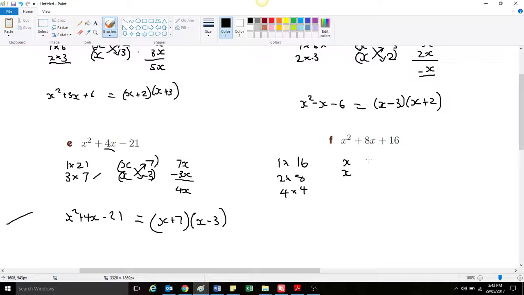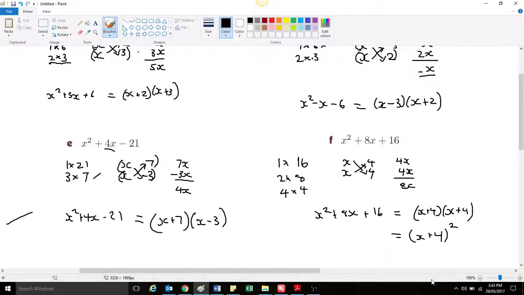We have x and x, 4 and 4. X times 4 is 4x. X times 4 here, 4x. We add that together, we get 8x, right? So our answer for this one is x squared plus 8x plus 16 equals x plus 4 times x plus 4, which is also equal to x plus 4 squared.